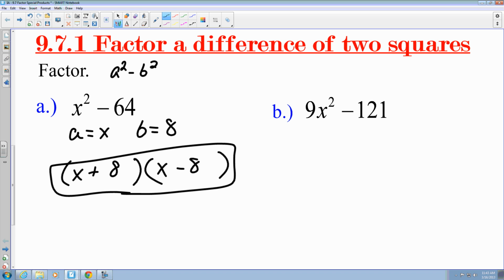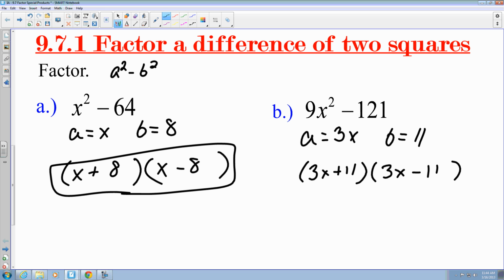Okay. For b, my a here is going to equal 3x, because 3 squared gives me 9, and b is going to be 11, because 11 squared is 121. So using the difference of two squares formula, I can say that this is going to be 3x plus 11 times quantity 3x minus 11.